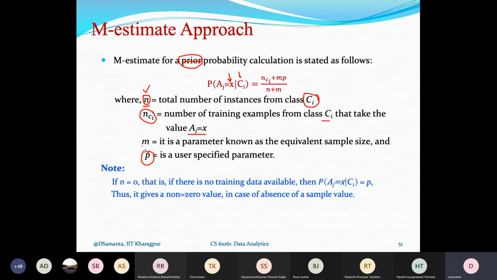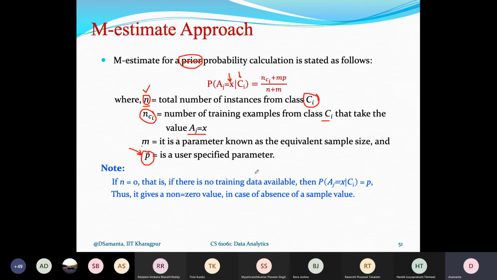So this P actually signifies that if a sample value is not present, then what will be the default probability value that can be taken into account. So that we can say it is a default posterior probability in case a particular sample value having a particular attribute value is not present in the training data set.